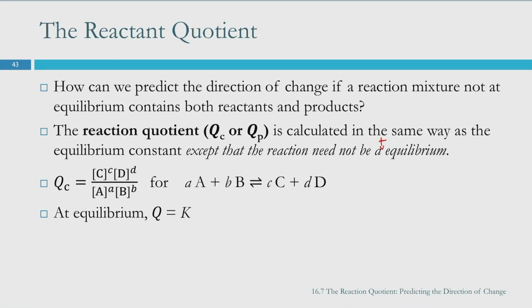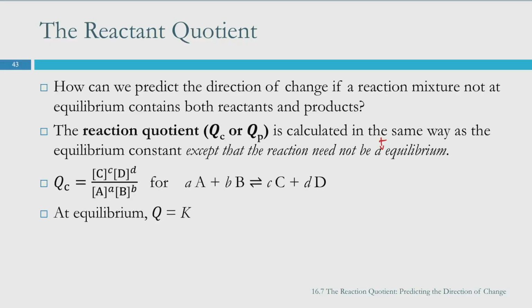Another factor that comes up when we're doing stuff with equilibrium is that we might know or want to check if a reaction is at equilibrium, so we might be able to sample one or all of our reactants and figure out what the state is at present. We might know what the equilibrium constant is for that reaction, and we want to see how far or how close we are to that equilibrium state.